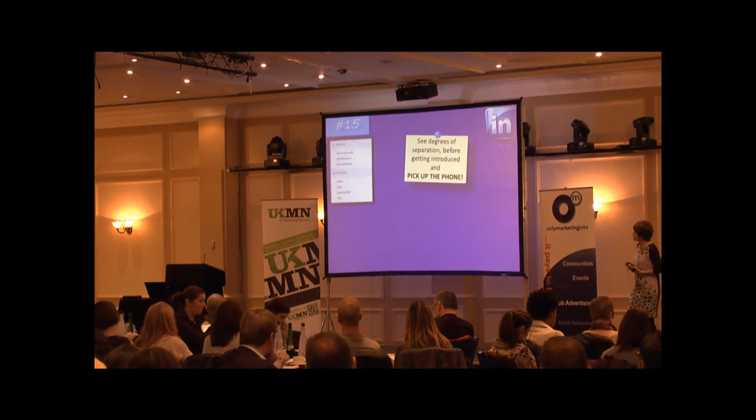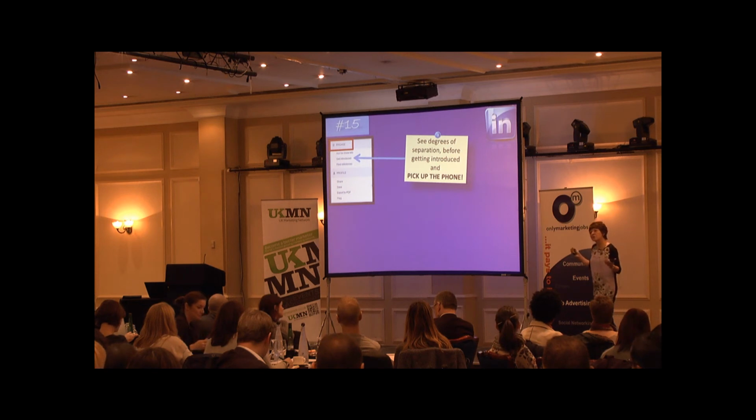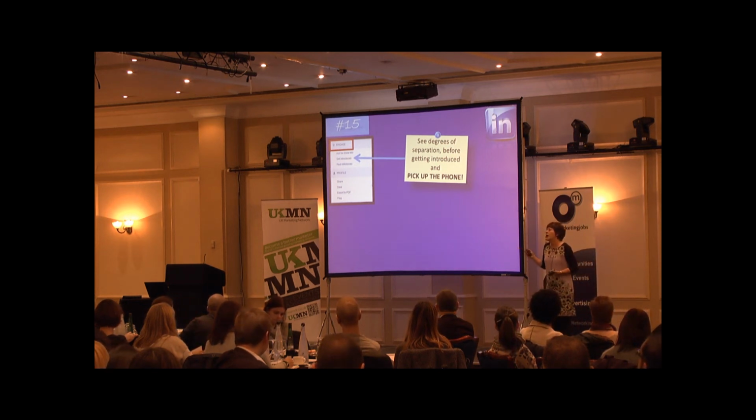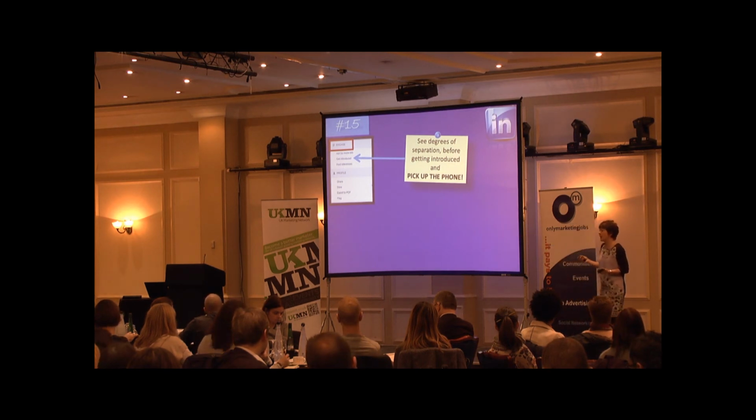So what else can you do? Here's a radical idea. When you actually have found out the degrees of separation, does anybody not understand degrees of separation? I think you all probably do. When you understand the degrees of separation and you can see how you're connected, so for example, if I'm connected to David on LinkedIn and David's connected to Simon on LinkedIn, I'm 2 degrees of separation away.